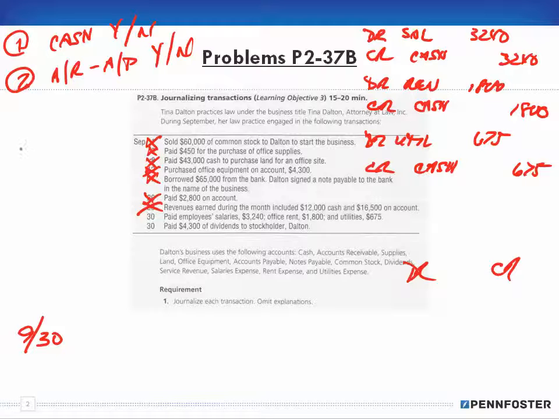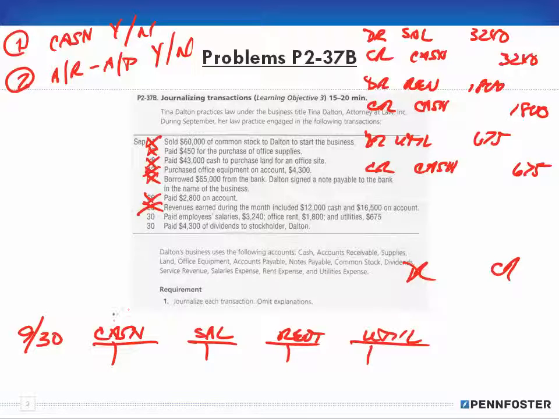Okay, but again, if you had T accounts, right, I'd have cash, I'd have salaries expense, rent expense, and utilities expense. So for my cash, I'd end up with a $32.40 as a credit and a debit for $32.40.